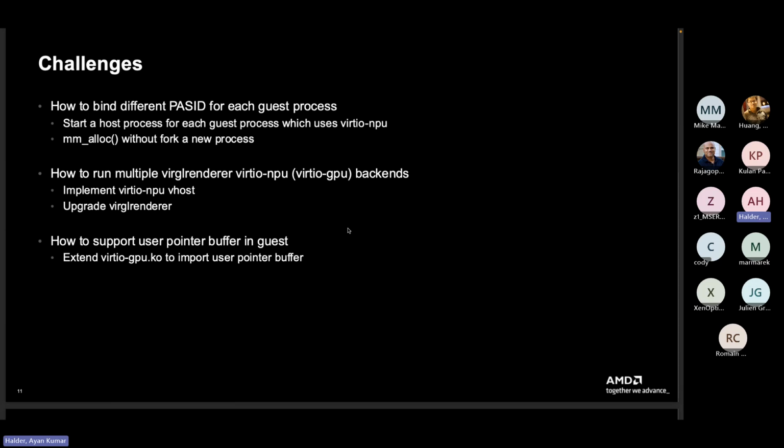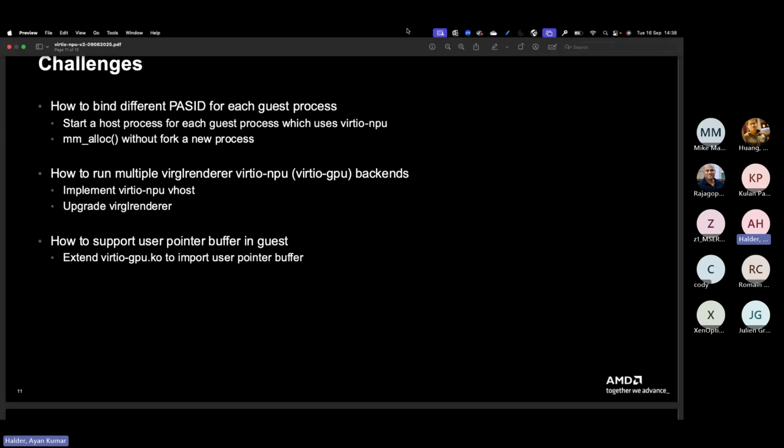We plan to go upstream. Yes, but you probably want to contribute the virtio spec for the NPU channels, and they may raise this kind of concern. Sure, we haven't started the upstream process yet.